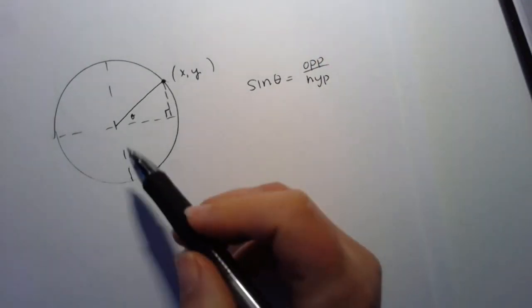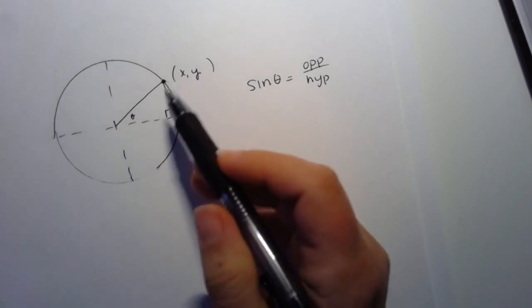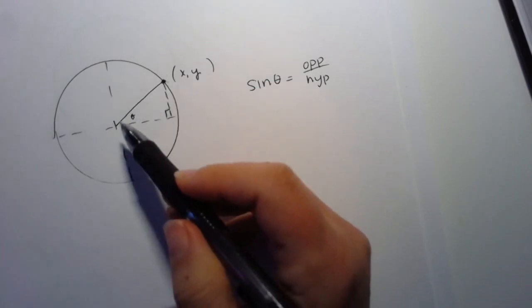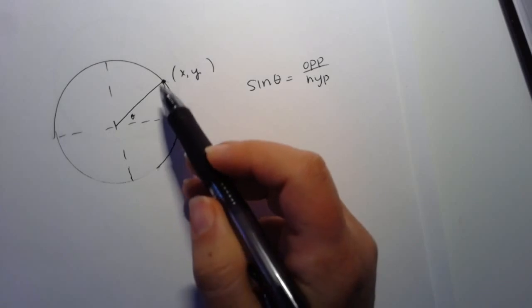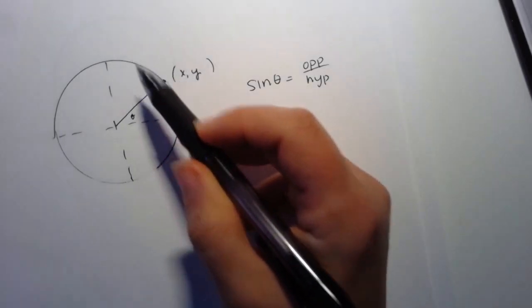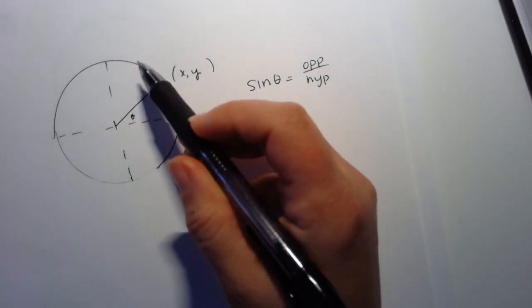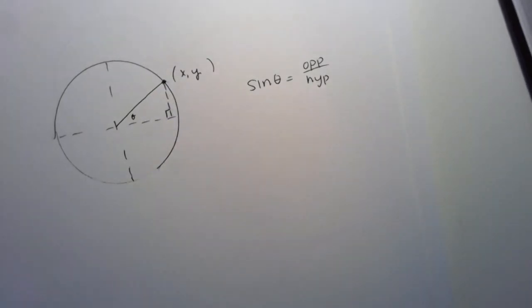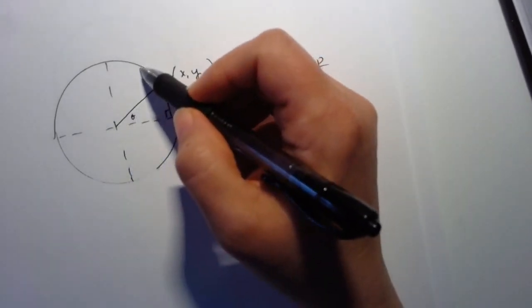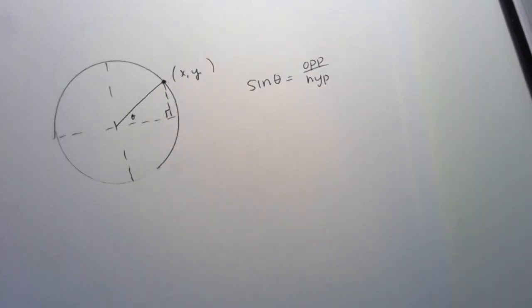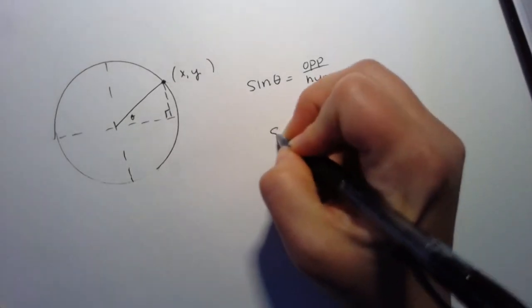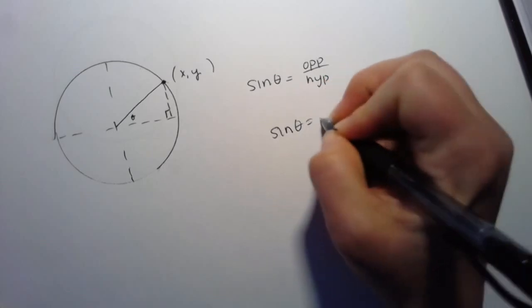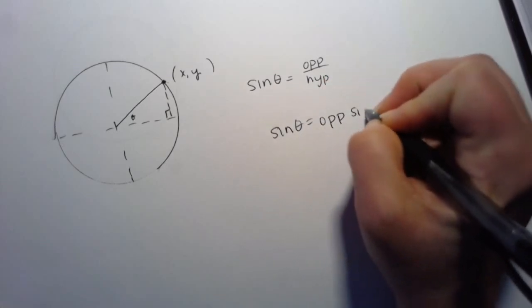Now, my hypotenuse is 1, and it doesn't matter where I make my point, because this hypotenuse will always connect to the circle, so it'll always be 1 unit. So my sine of theta is really equal to the opposite side.